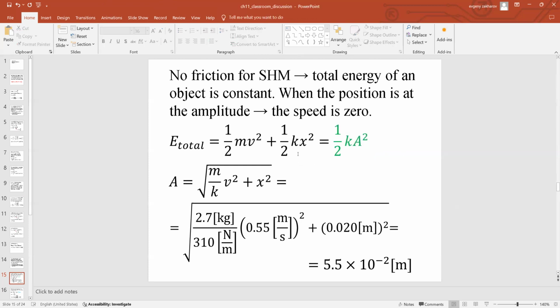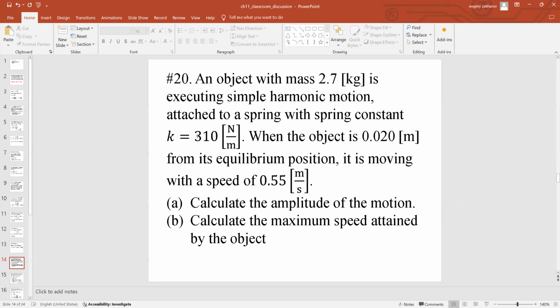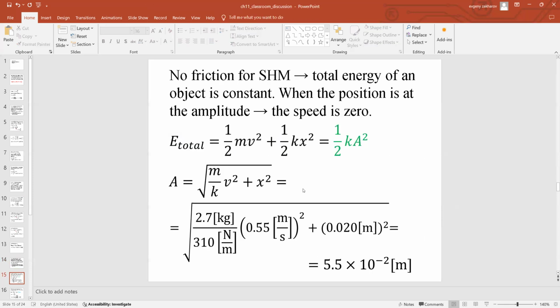And that's it. Then you can solve for what's missing. From this equation, you got the mass, you got the speed, you got the k. Do you have the k? Yes, you have the k. Everything's given. Just solve for what's missing. What's missing is the amplitude.